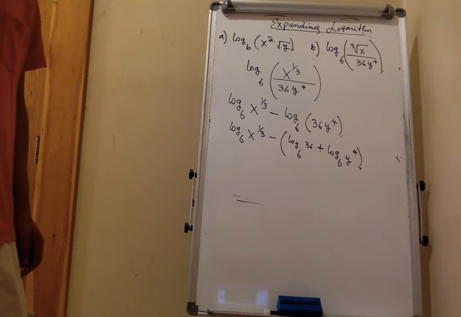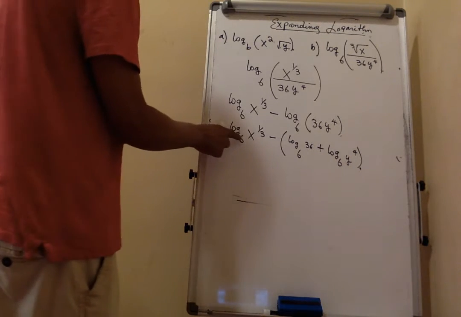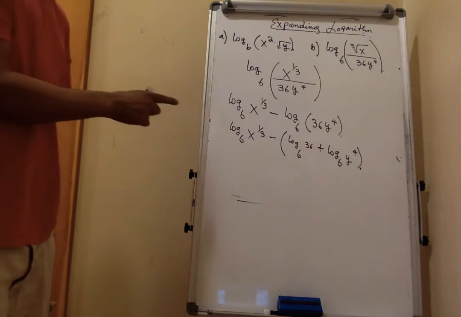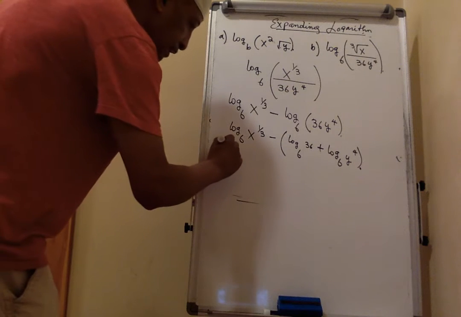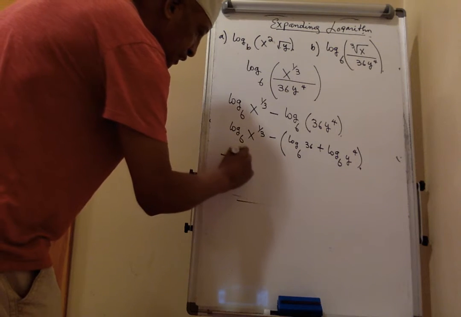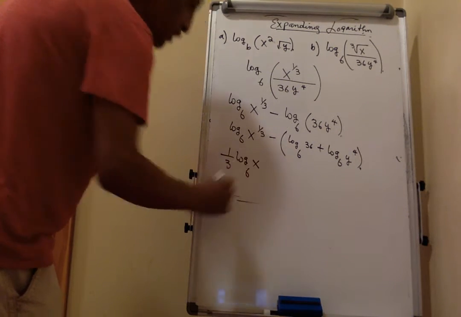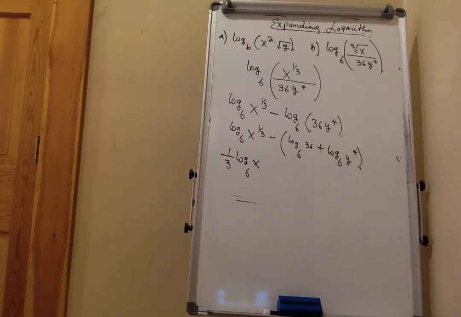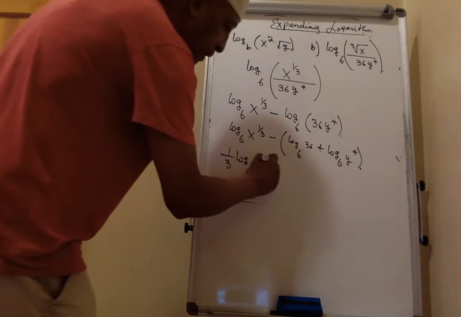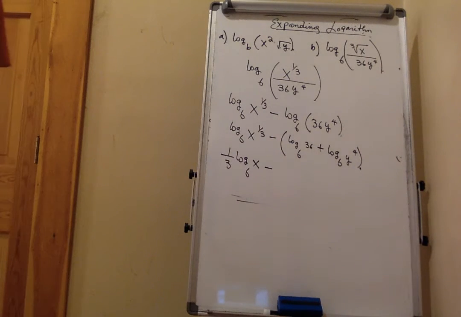Now, all I need to do is simplify. So, log 6 of x to the power of 1 over 3, I'm going to use the power rule, so I end up with 1 over 3 log 6 of x. I can distribute the negative sign right now, so minus, what is log 6 of 36?